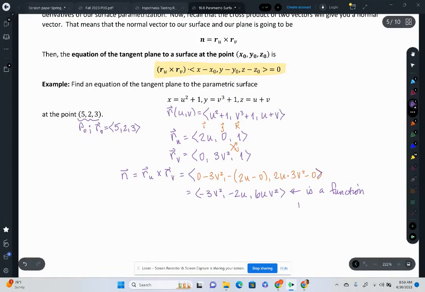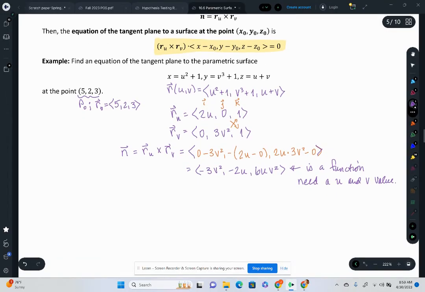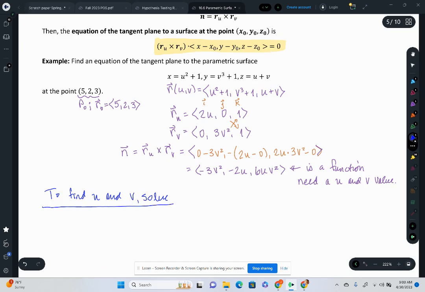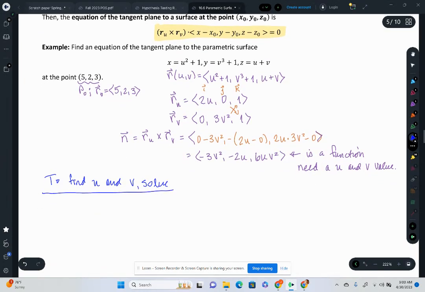So we need a u and v value. And so that becomes the difficult part. To find u and v, solve, and here's what we're going to do.